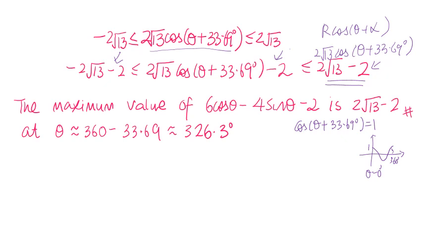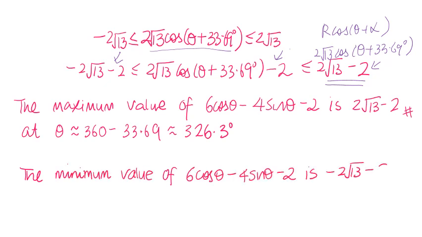Okay, so the minimum value would be negative 2 square root 13 minus 2. And that happens when you let cosine bracket theta plus 33.69 degrees equal to negative 1, right? Again, go back to your cosine curve.